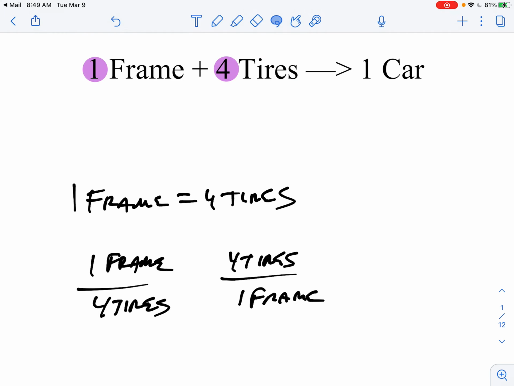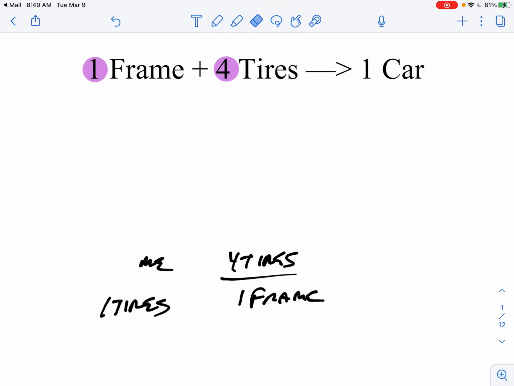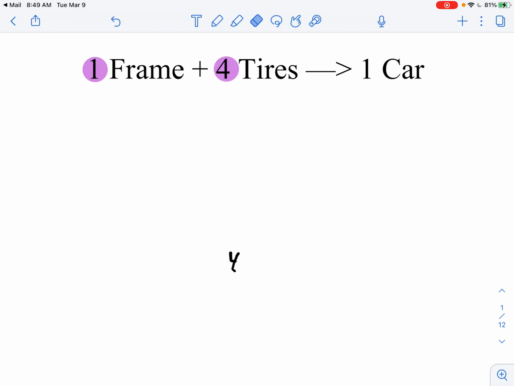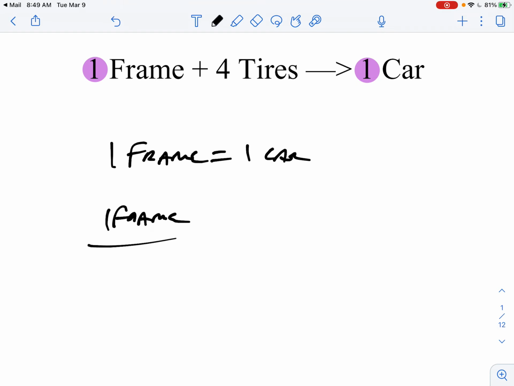If, however, you are interested in different things, like how many frames you are going to need to make a car, then your equation is one frame is equal to one car, or there is one frame per one car, or one car per one frame.